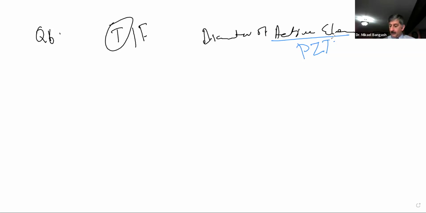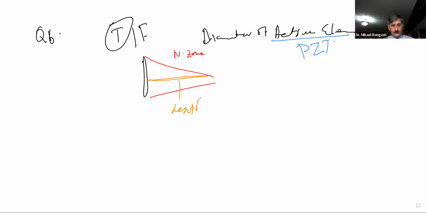And what is the near zone length? Well, guys, if you look at the beam, this was your near zone. When you measure the length of your near zone, we can say the length of the near zone is what we actually call the focal length or focal depth.